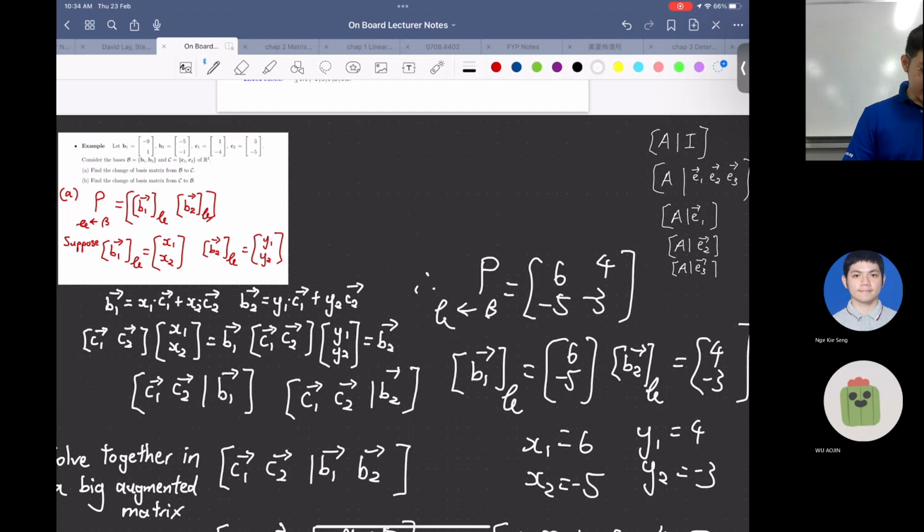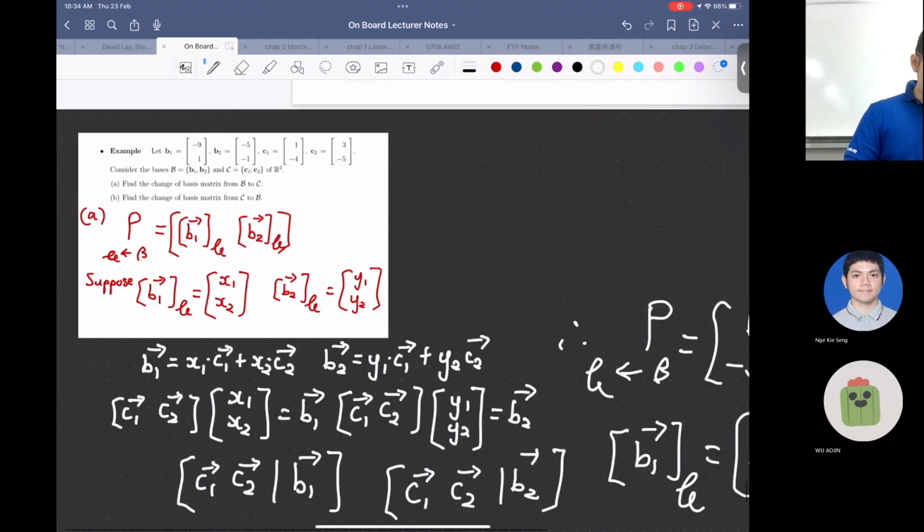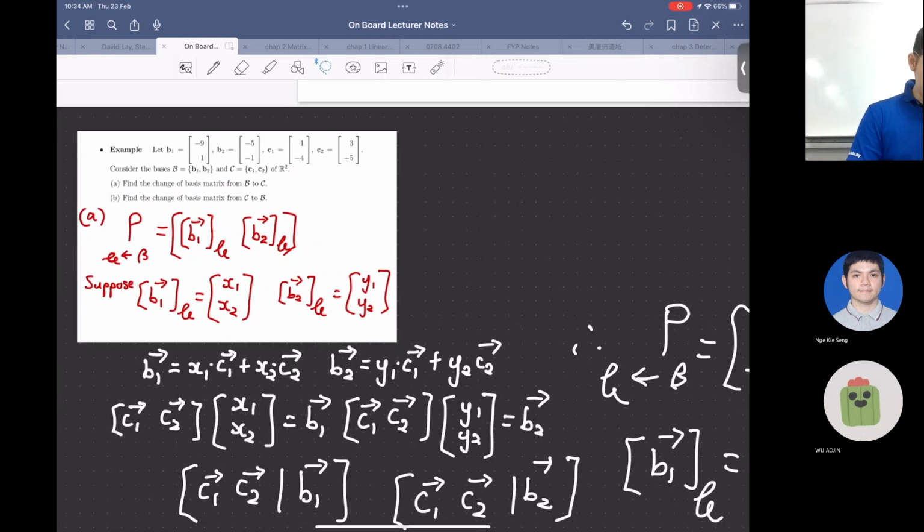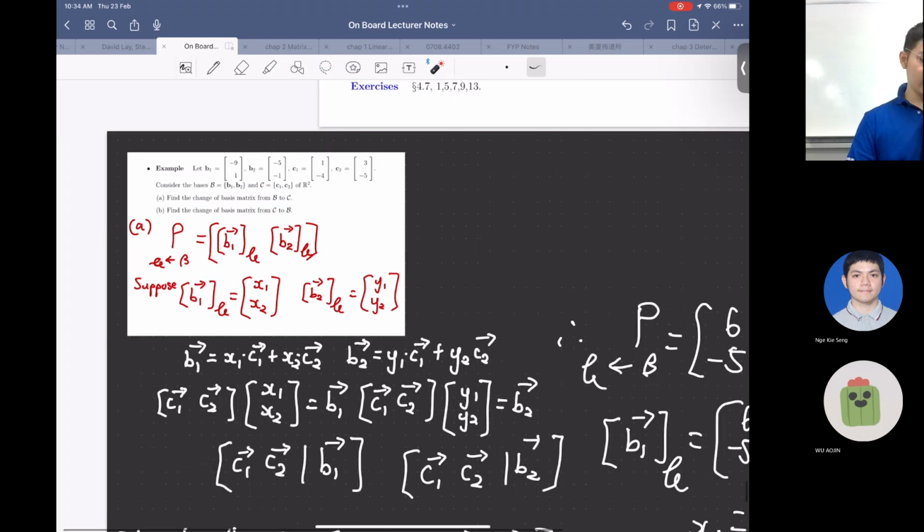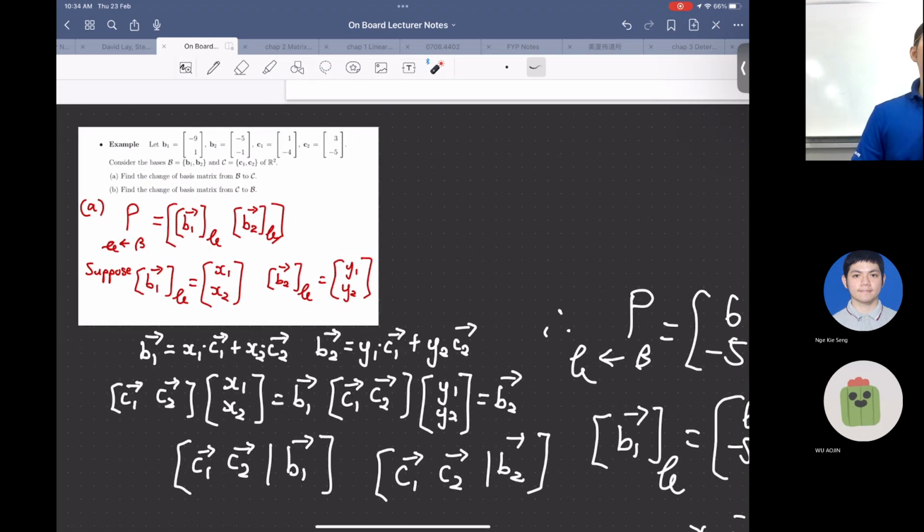Okay. All right. So next part is find the change of basis matrix from C to B. From B to C, sorry. So just now we went from B to C, now from C to B. So how would you do C to B?